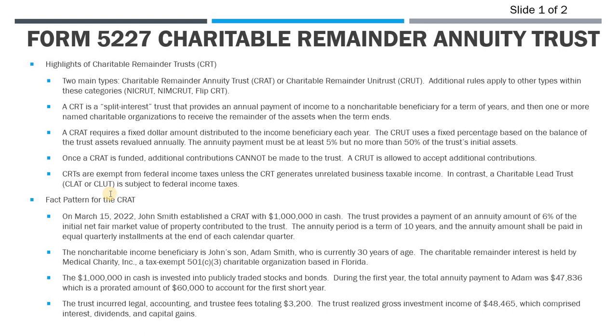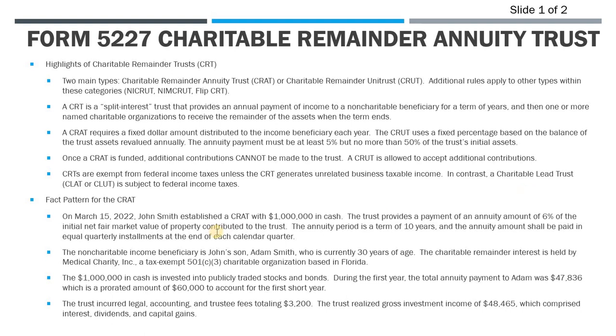Those trusts are subject to federal taxes. So for CRTs, we generally only have to file the 5227. With a CLT, a lead trust, you're filing the 5227 and you're also filing a 1041, because the trust is still subject to income taxes.